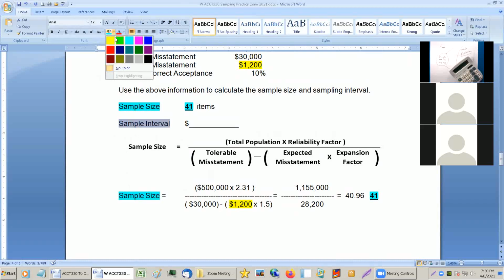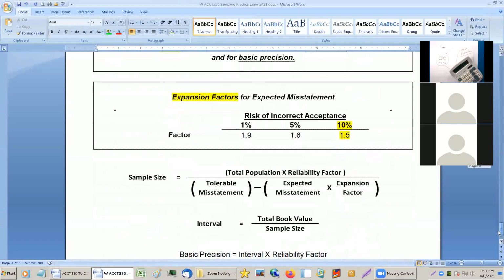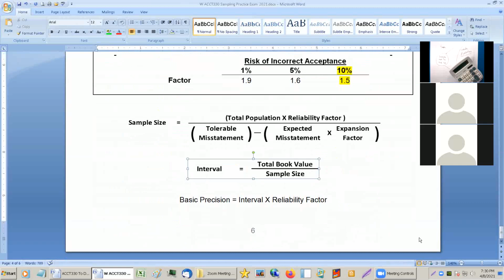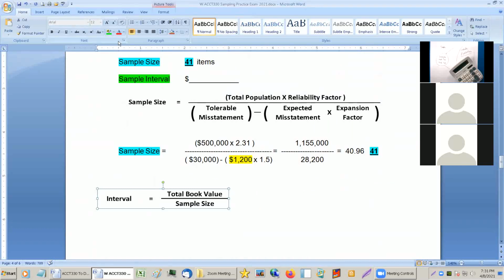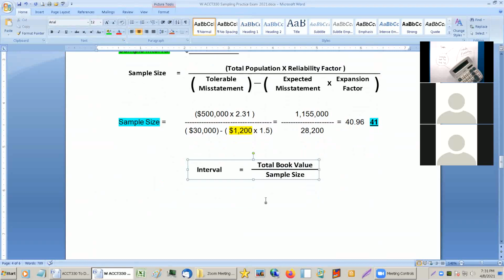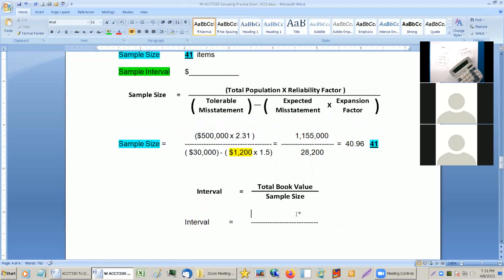Now let's go to sample interval. So interval equals total book value, 500,000, divided by the sample size, which is 41.